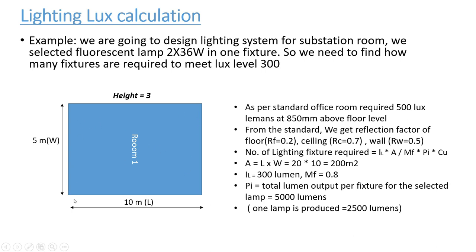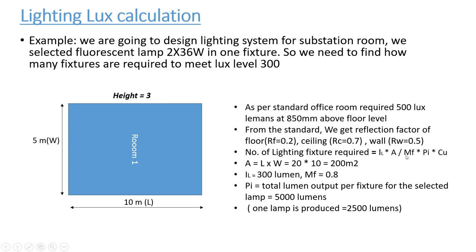The length is 20 meters, the width is 10 meters, and the height is 3 meters. For the area formula, just length times width: 20 times 10, 200 square meters.